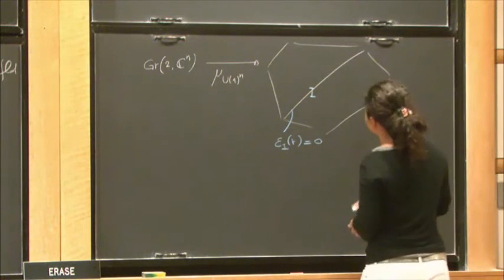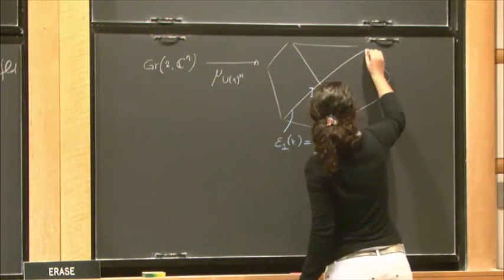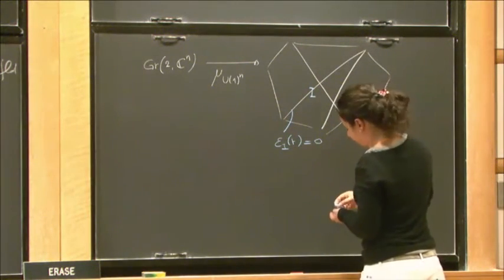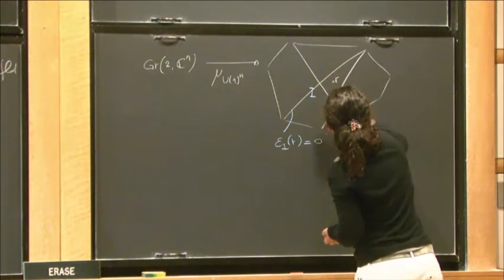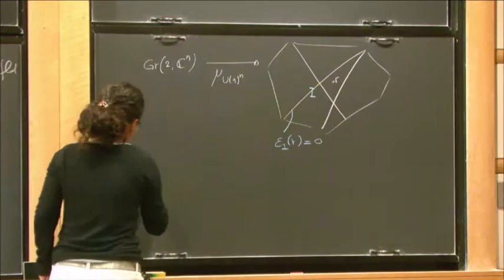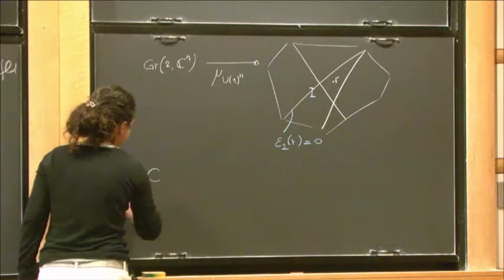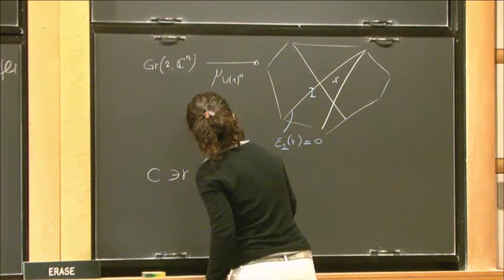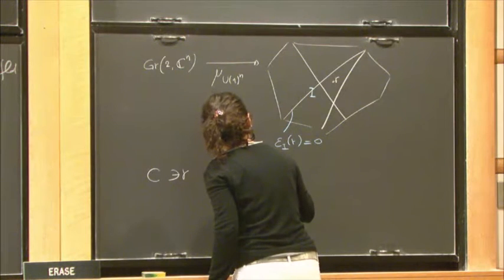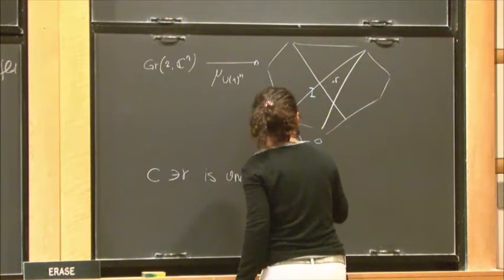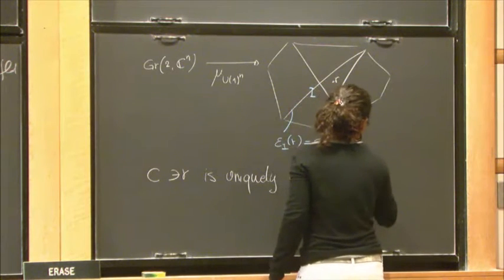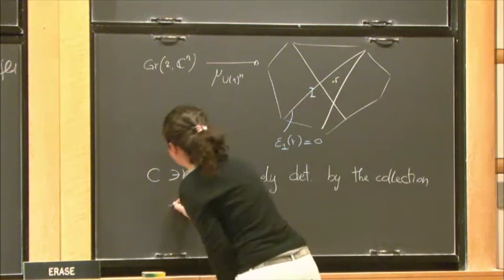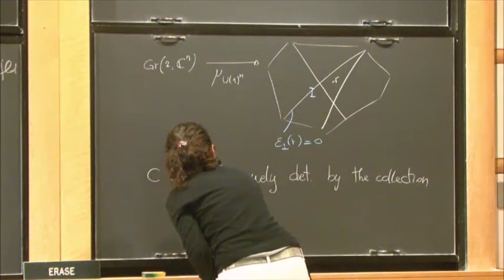Okay. And so to identify a chamber in this moment polytope, if I take an r sitting in here, the chamber C in which r is sitting is uniquely determined by the collection of r-short sets.